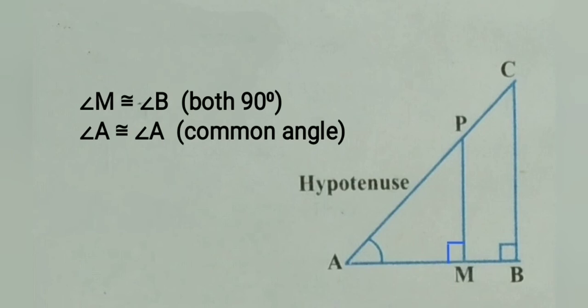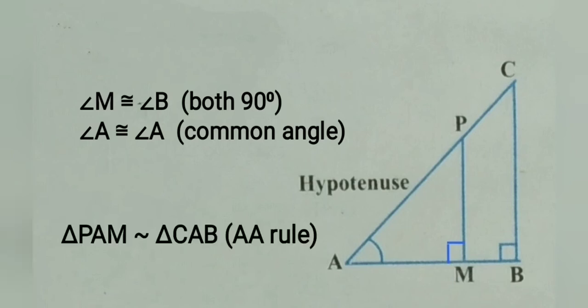Angle A is congruent to angle A, being the common angle. So, triangle PAM is similar to triangle CAB according to the angle rule of similarity.